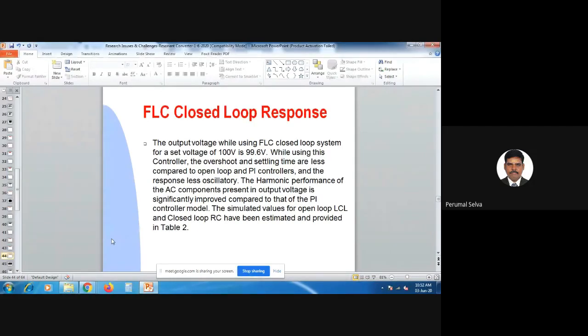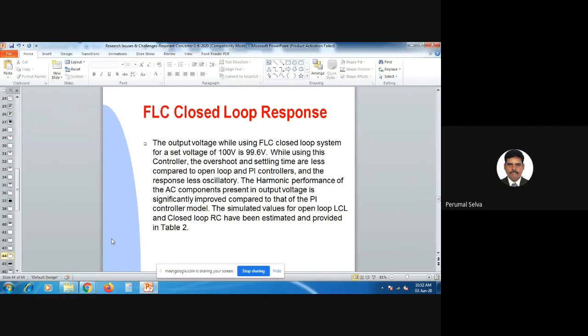Here the output voltage while using an FLC closed loop system for a set voltage of 100 volt is 99.6 volt. While using this controller, the overshoot and settling times are less compared to the open loop and PI controllers, and the response is less oscillatory.